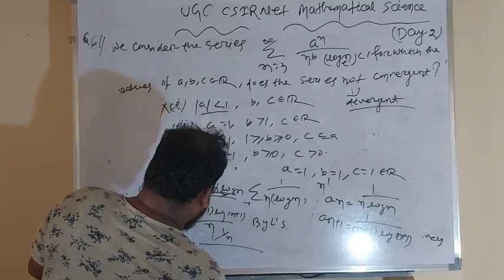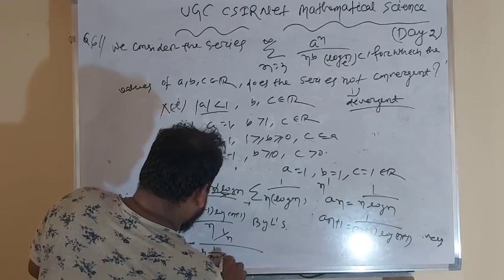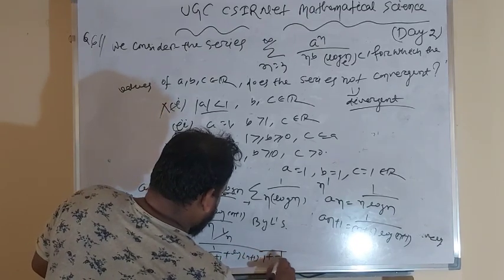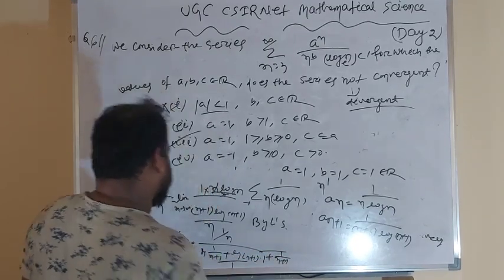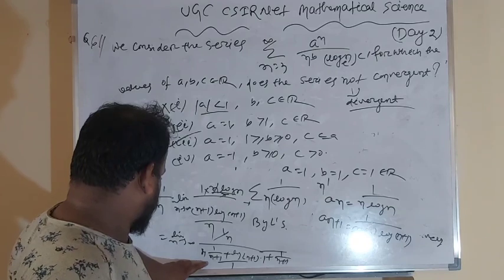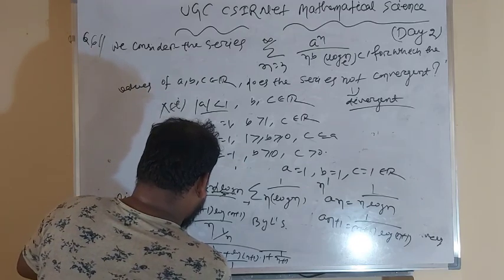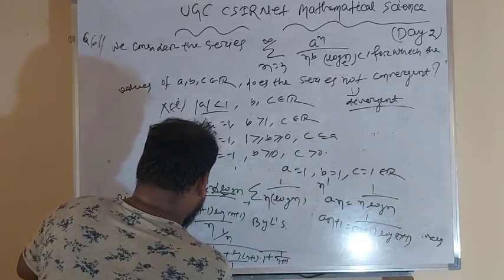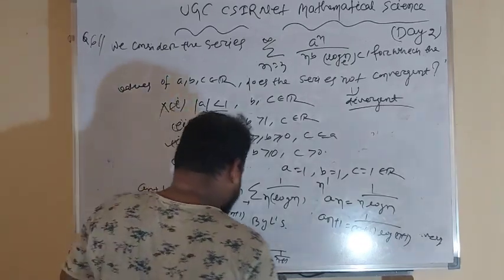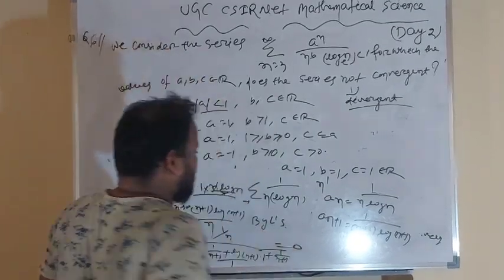This is infinity by infinity, so by L'Hospital rule, differentiating, the derivative of n log n is log n plus 1, and we get 1 by n plus 1 into log n plus 1, where this value is 0. So the series is convergent.